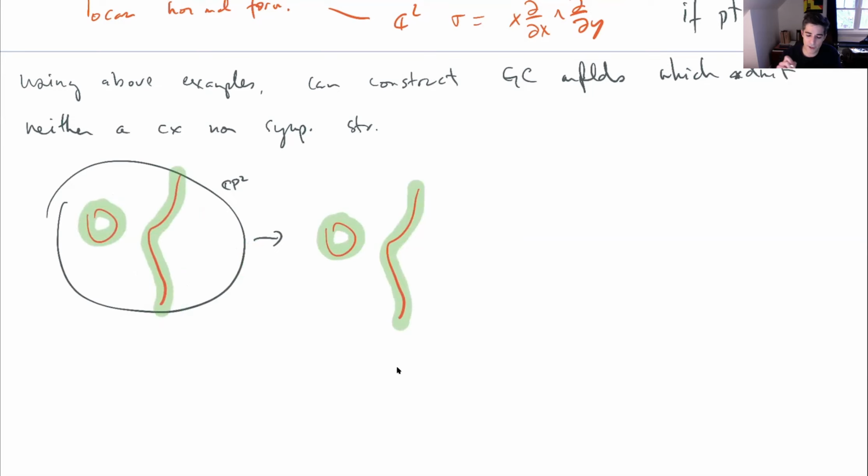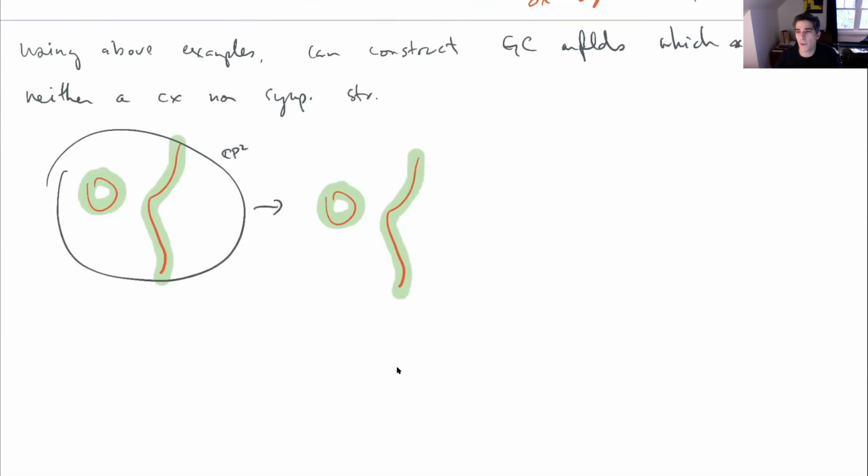So you just excise this, and you're left with a tubular neighborhood of a type change locus. So this is going to be, roughly speaking, like a disk bundle over a 2-torus.